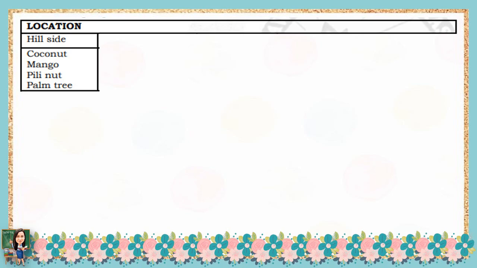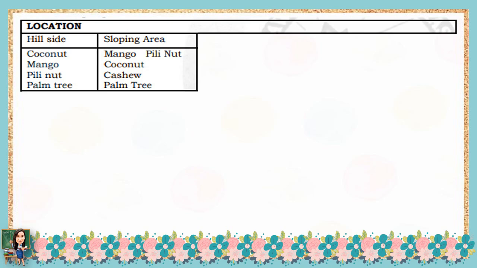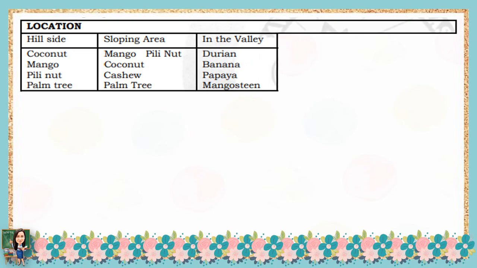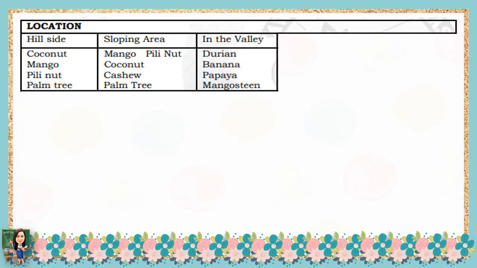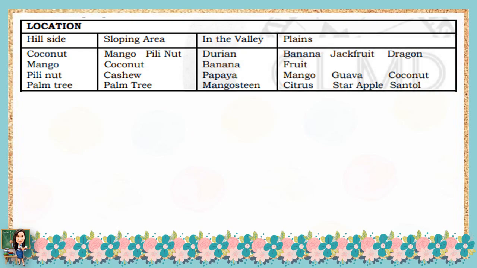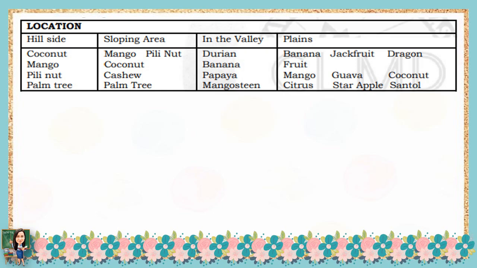In a sloping area, you can plant mango, coconut, cashew, palm tree, and pili nut. In the valley, you can plant durian, banana, papaya, and mangosteen. In the plains, you can plant banana, jackfruit, dragon fruit, mango, guava, coconut, citrus, star apple, and santol.